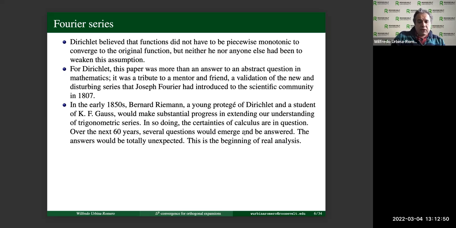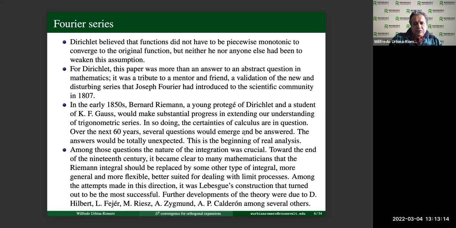This is the beginning of analysis, because it was not only the problem of convergence, but the problem of what is the meaning of convergence of a series, what is the definition of function, and you name it, right? So all what we call now analysis was just a reformulation of what was known up to that time of calculus, right?